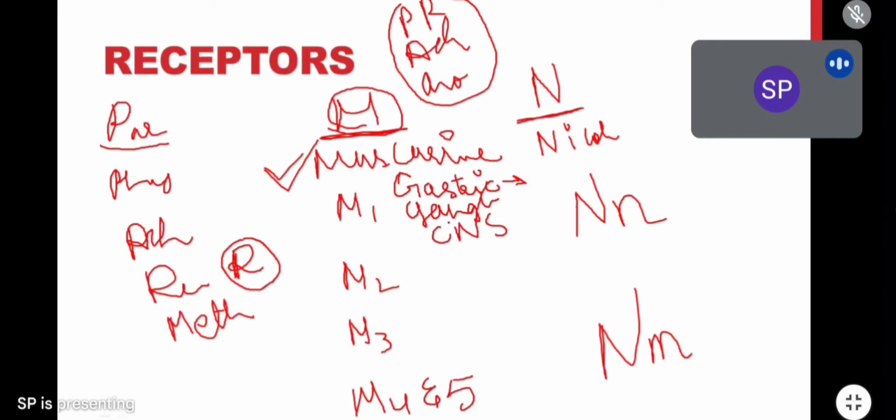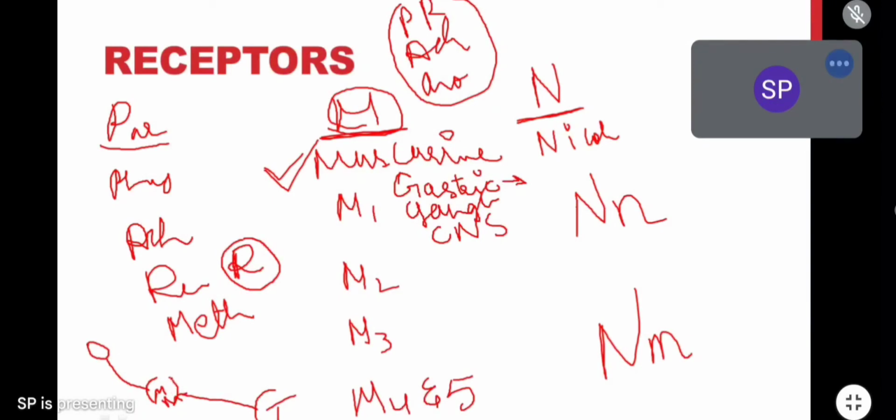Ganglia क्या होता है? This is brain, this is preganglionic nerve fiber, this is ganglia, and this is postganglionic nerve fiber, and this is tissue. Here in the ganglia, we have M1 receptor. अब मान लो यहाँ पे या यहाँ पे, on the postganglionic nerve यहाँ पे रहता.